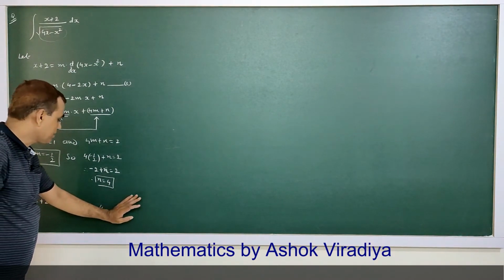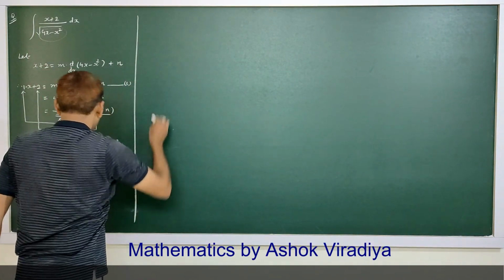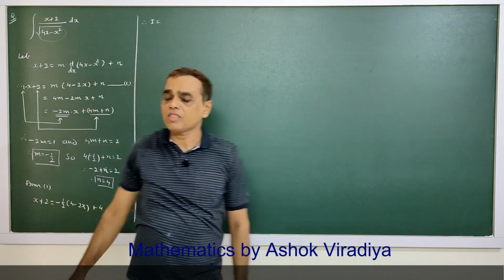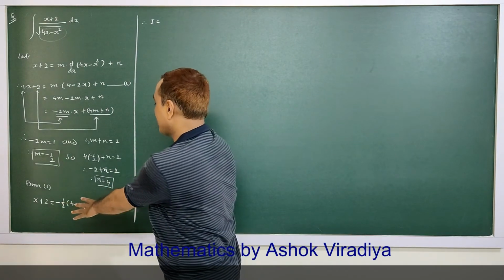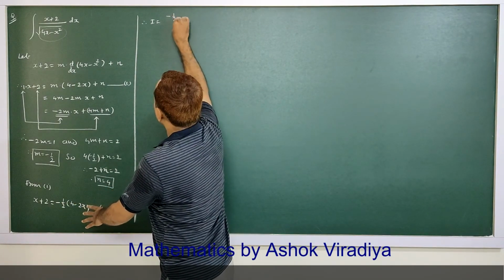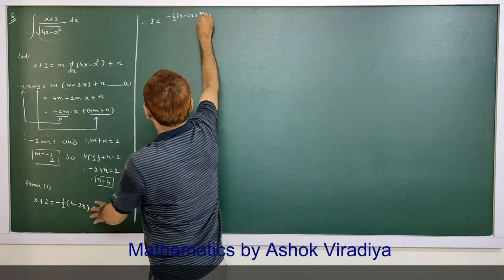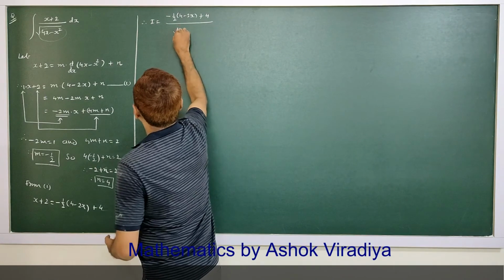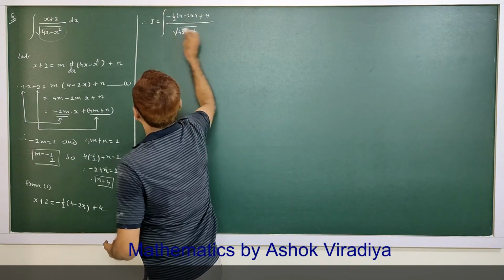Using this new expression in the numerator, the integral is minus 1 by 2 into 4 minus 2x, plus 4, upon square root of 4x minus x square.